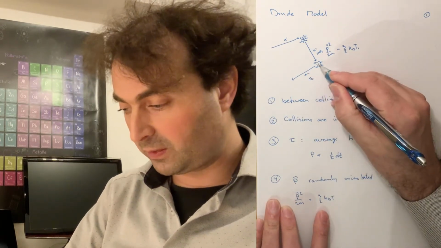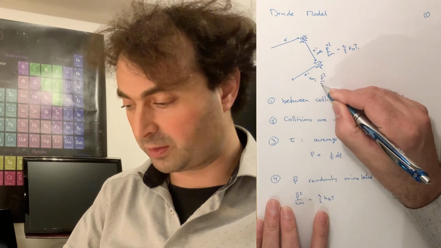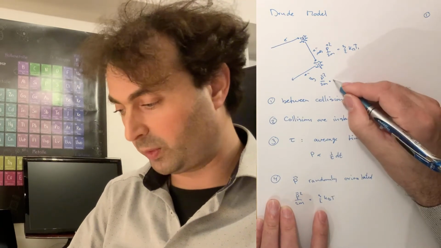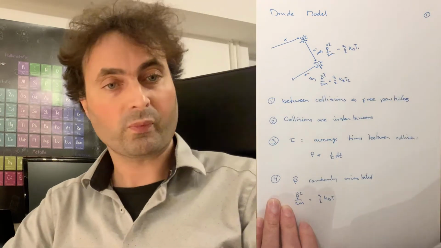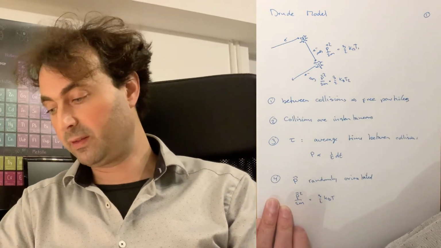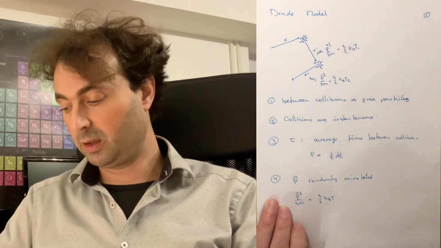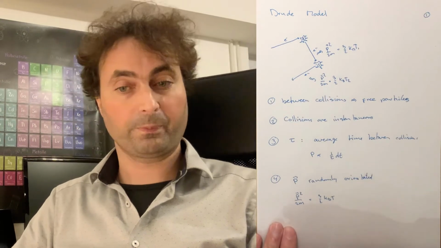We have a second collision, and the momentum is such that p squared over 2m is 3/2 kT2. So that gives you a coupling between the temperature in your crystal, and temperature gradients in your crystal, and the momentum that we have, whereby the orientation can be random.